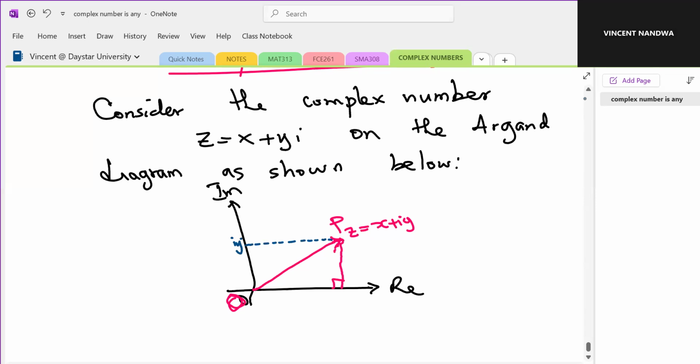So in this right angle triangle, let this angle be theta. This will be y units, and then this base will be x. And let's call the hypotenuse of the right angle triangle formed here R.